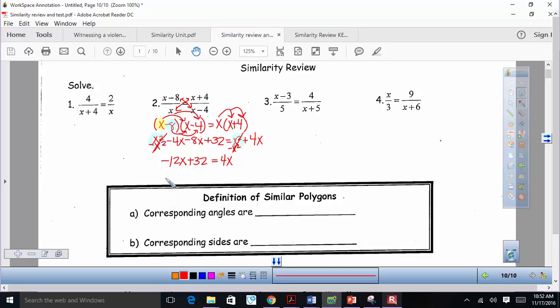So from here, we want to get x by itself. So we add 12x to both sides. That gives us 16x equals 32. Then to get x, we divide by 16, and x equals 2.